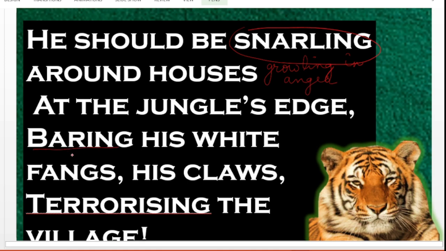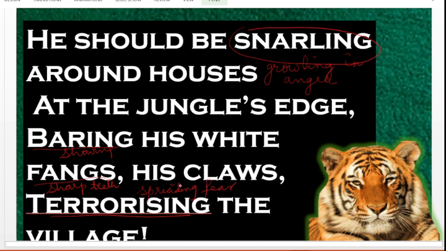Baring means showing. Fangs are the sharp teeth that the tiger has. His claws, his nails, which are very long. And terrorizing means spreading fear.